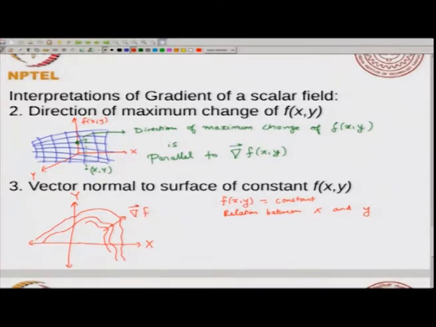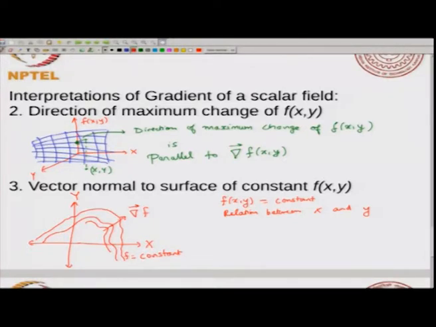So, this is f equal to constant. f equal to constant will refer to different curves. So, at any point the gradient is actually perpendicular to these, it takes a direction that is perpendicular to this f of x y equal to constant surface. Okay. In this case, surface refers to a curve. So, this is the other interpretation of the gradient.